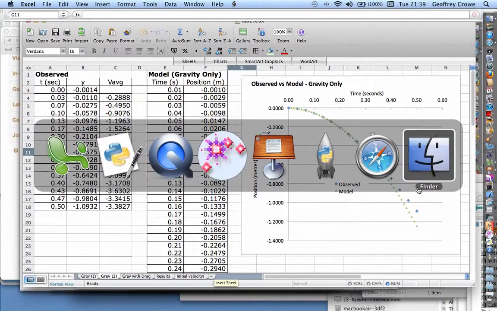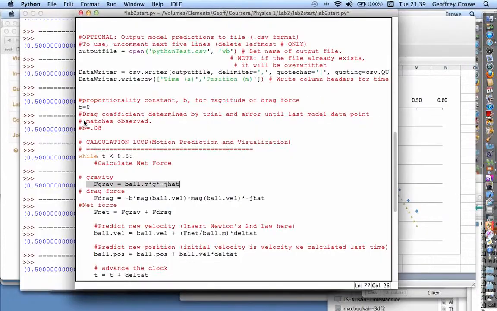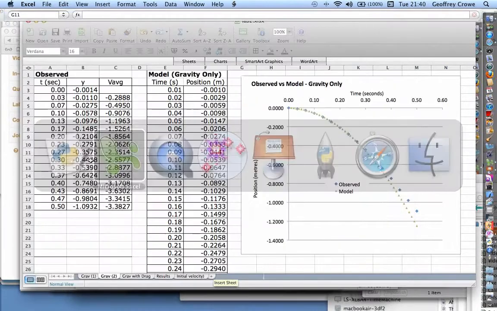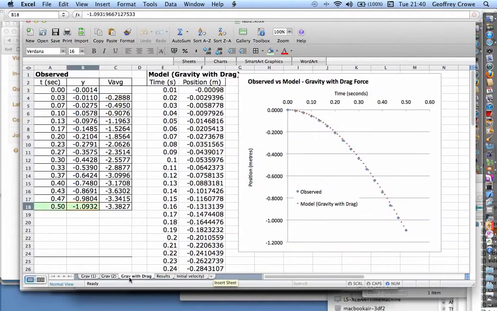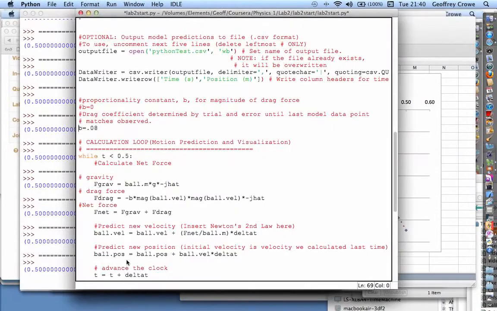So if we go back to VPython and include the drag force by setting this coefficient to something other than 0, and we determine this value by trial and error, trying to get a constant that came up with the final velocity of the object, which is minus 1.0932 meters per second, that came out at a b of 0.08.